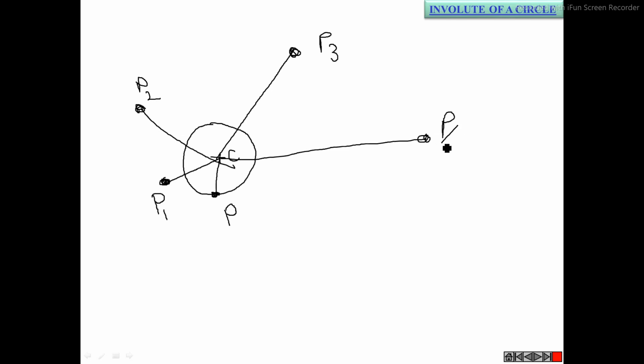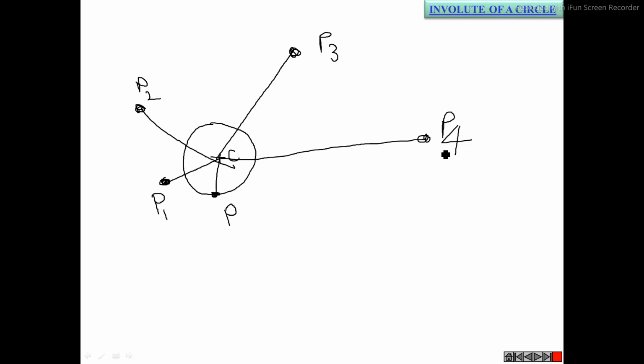Similarly, if you do this process till you fully unwrap the thread from the circle, can you predict the final end point of your thread, where it will lie? Sir, on P. You are unwinding it, not wrapping it.